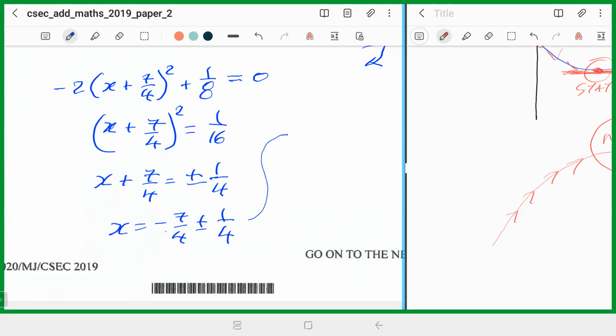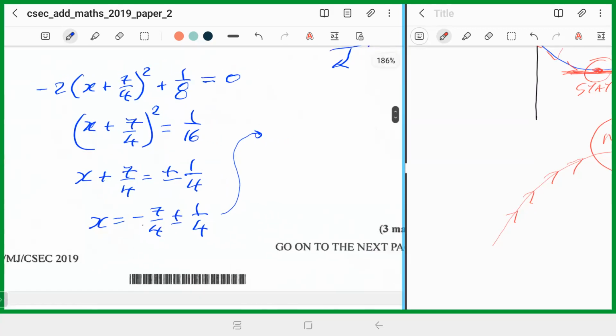So from this, we're going to get our 2 x values. One with the plus: negative 7 plus 1 is negative 6 over 4. X equals negative 6 over 4, which reduces to negative 3 over 2. And the other root is x equals minus 7 and minus 1, that's negative 8 over 4, which is negative 2.